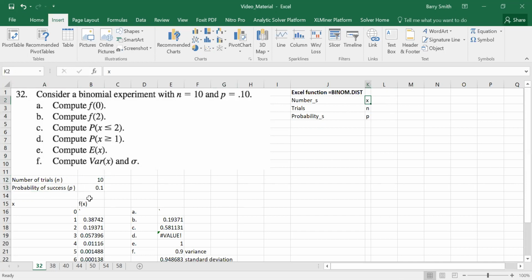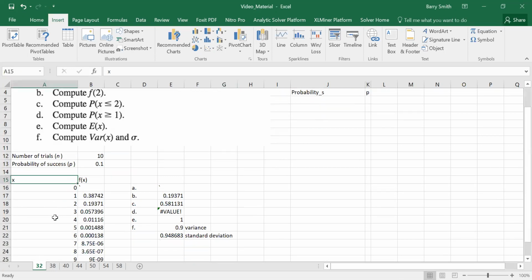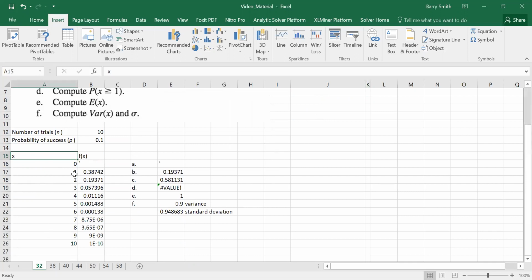All right, so what I did was I went ahead and went from x from 0 to 10. And then I used the binom.dist. What we have is A16, that's going to be our x.